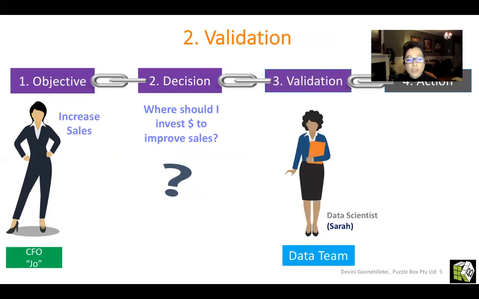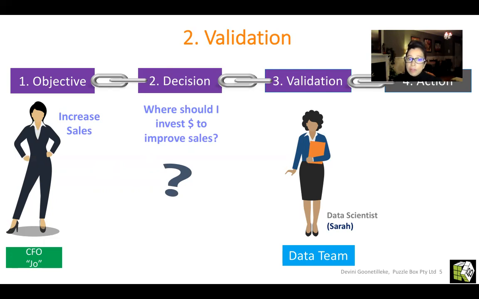In order to do that, she can do two things. Joe can rely on her financial background, look at historical data, and assume where sales might need to be increased through certain forms of investments. She might think that putting more of a sales team in there will increase the sales revenue. The problem for Joe is that all of this information as a CFO is based on historical and financial data.